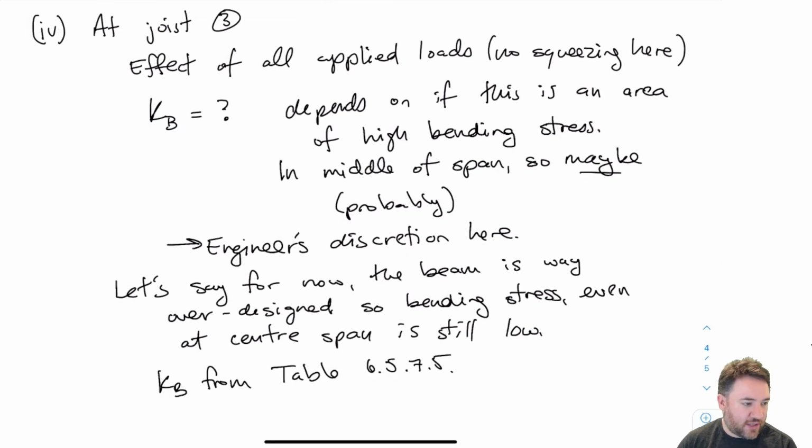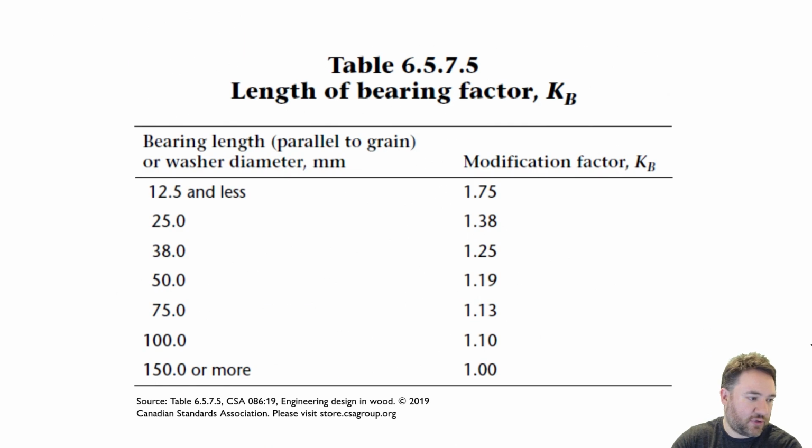So let's say for now then that the beam is over-designed, as we said. So I'm going to consider the bending stress is low, so we can apply the bearing strength, the length of bearing factor from table 6.5.7.5. So which one am I going to use here?